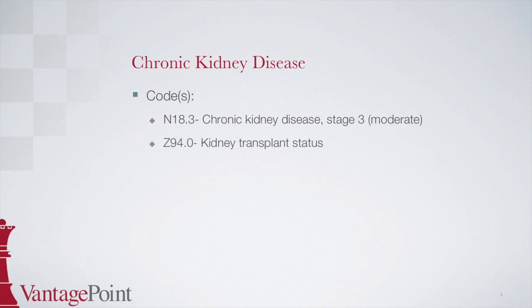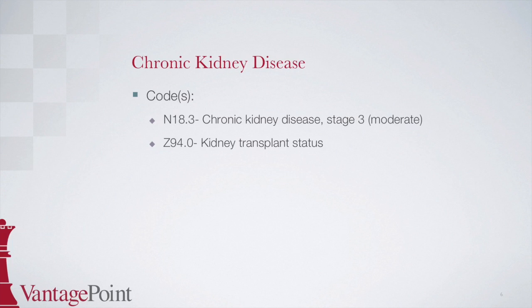The first code is N18.3, chronic kidney disease stage 3, which is moderate. To locate this code, you would start at disease in the alphabetic index and then find kidney. You then would look for chronic and then stage 3 indented below chronic, which points to code N18.3, which you would then confirm in the tabular.